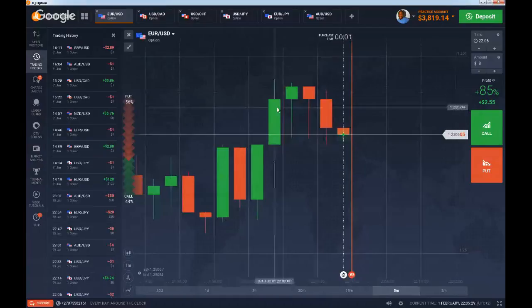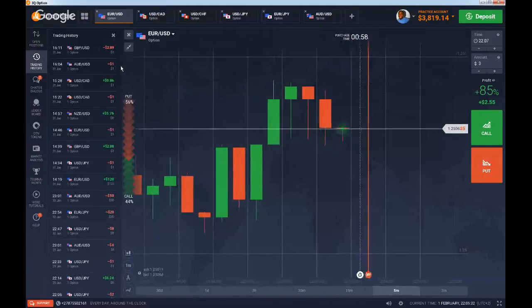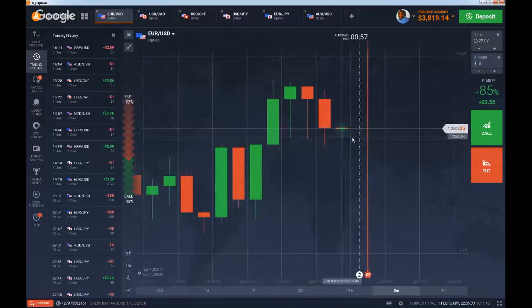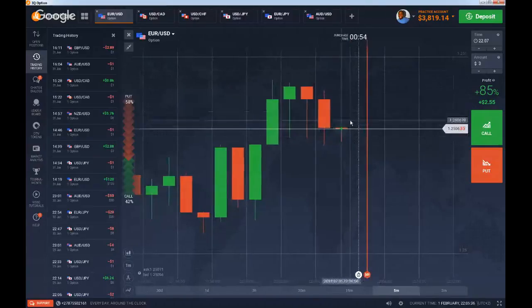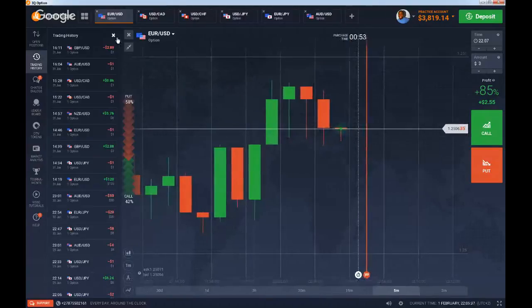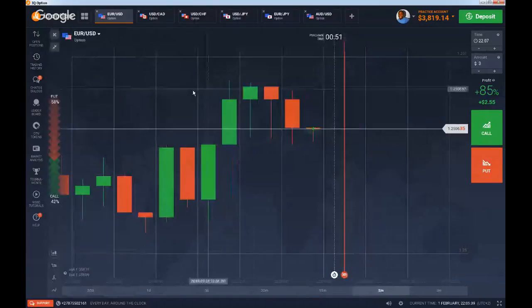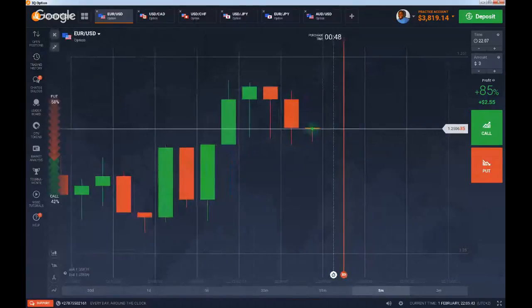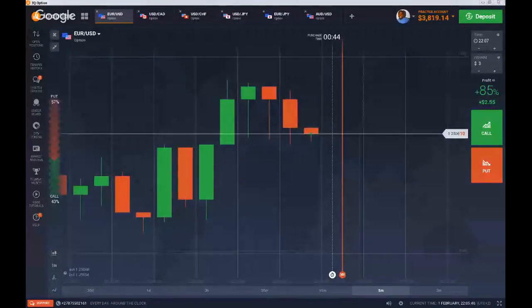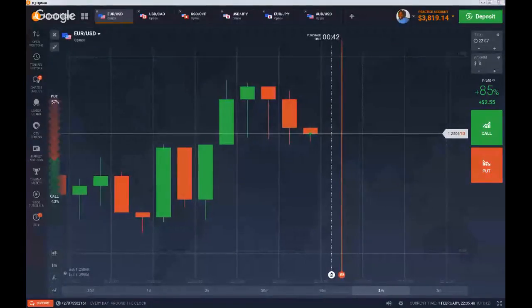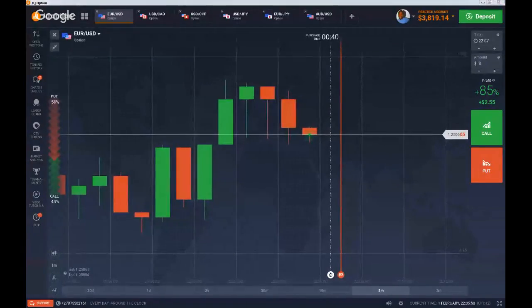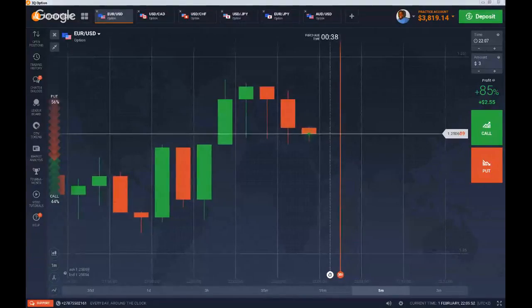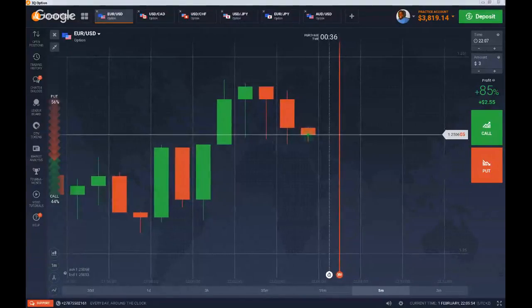Let's see how in this trading session we're going to go about recovering those losses and getting back into positive territory. So let's start things off with a top-down analysis within my 8 currency pair portfolio.